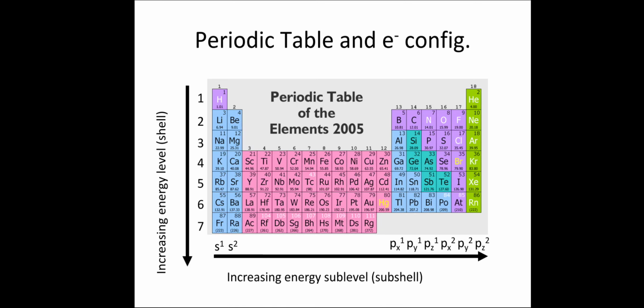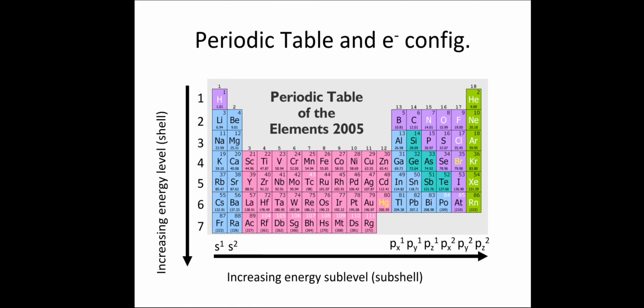Based on the electronic configuration only, the elements have been arranged in the periodic table. When you move from top to bottom, the number of shells will increase. Hydrogen, for example, will have only one shell, with only one electron in the s orbital. That is, the electronic configuration of hydrogen is 1s1.